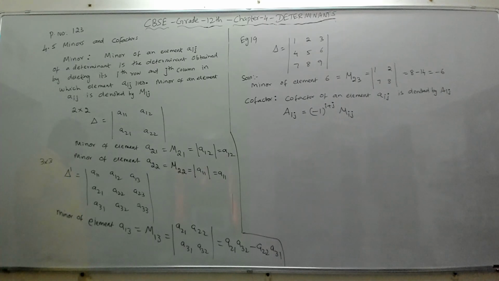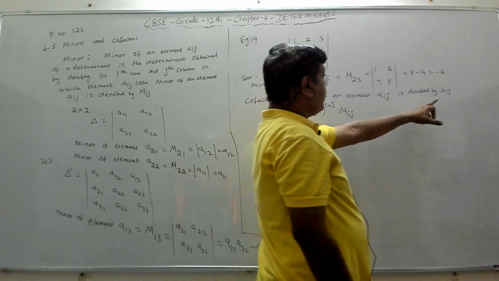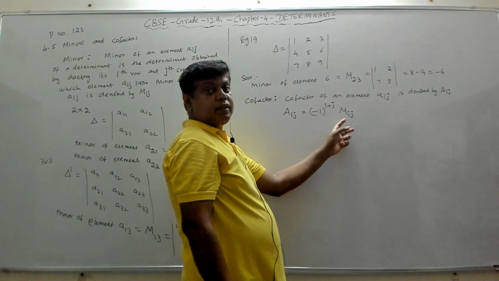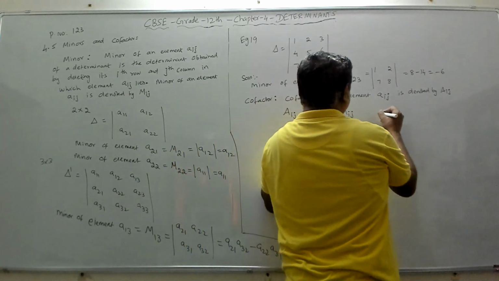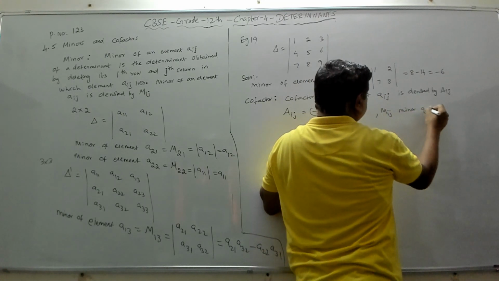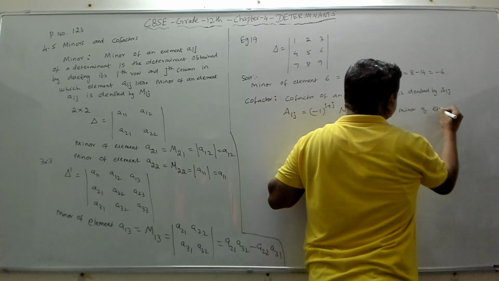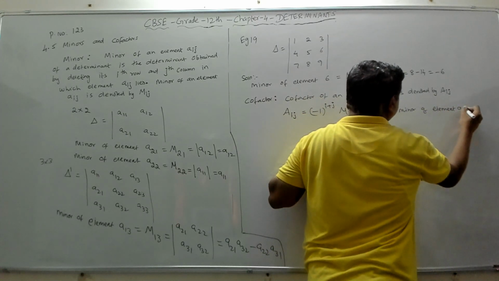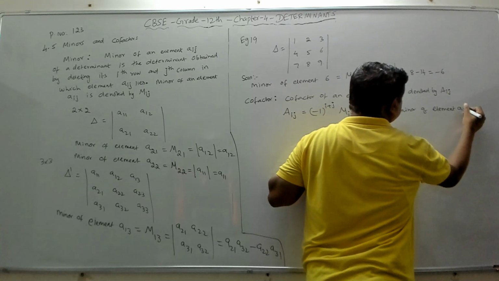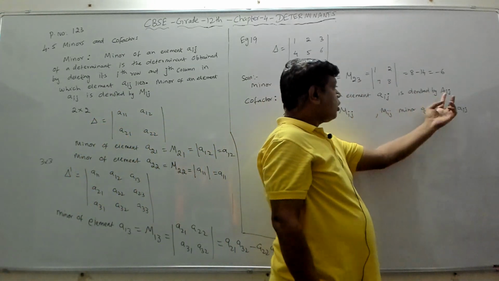The cofactor of an element aij is denoted by capital Aij, and capital Aij is equal to minus 1 power i plus j times Mij, where Mij is the minor of the element small aij.